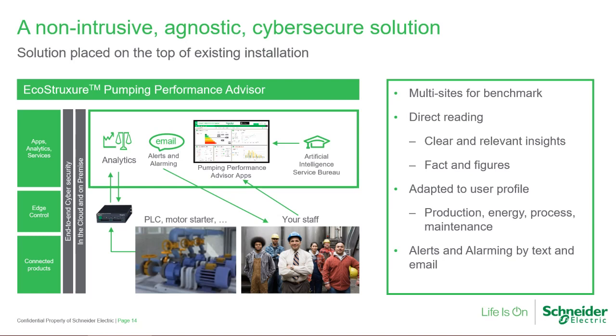So it's multi-site for benchmarking. It's a good way to understand how the systems work together and how effective they are, but also how they compare against each site. So you're in effect creating the ability to monitor what different sites are doing with similar assets, understanding how they're performing, and then doing something about it.